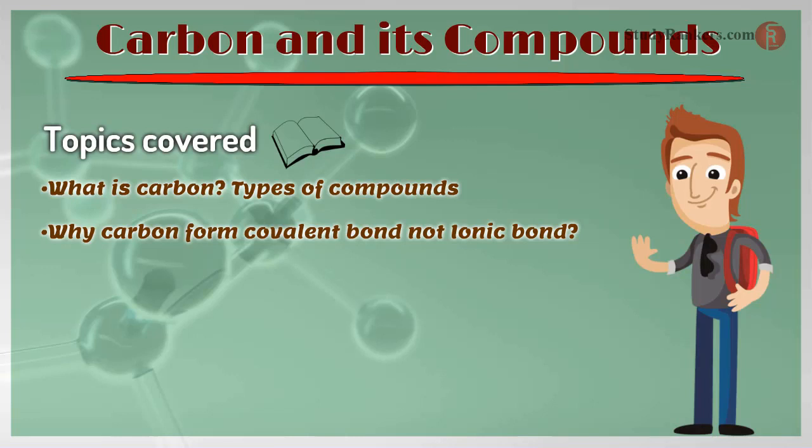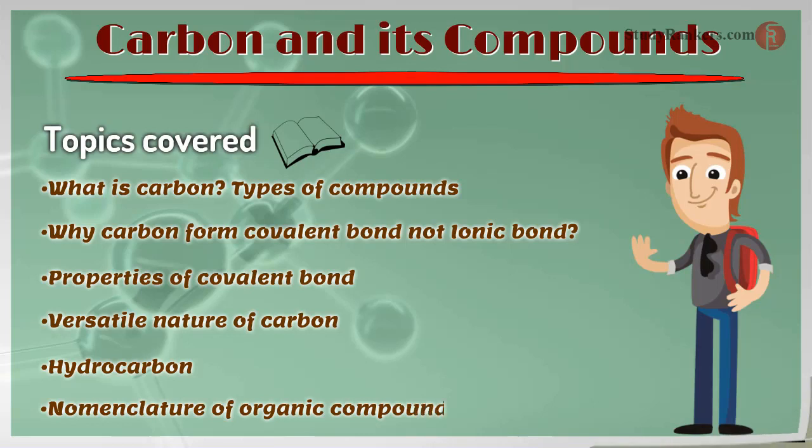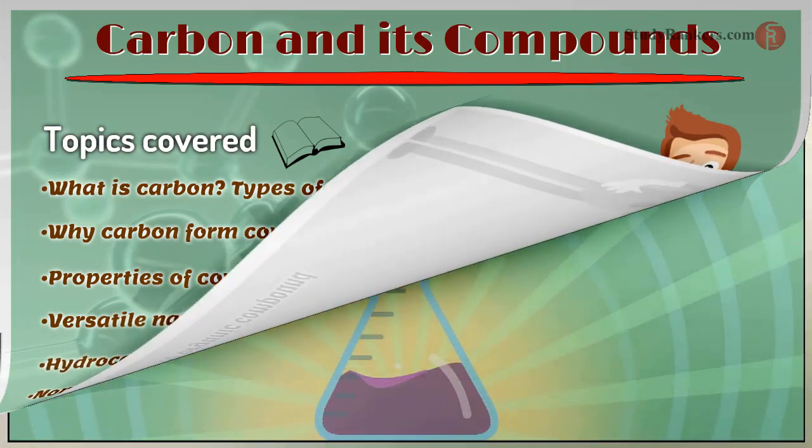After that, we will discuss properties of compounds formed by covalent bond. Next topic is versatile nature of carbon. After that, we will learn about hydrocarbons and their functional groups. At last, we will learn about nomenclature of organic compound.